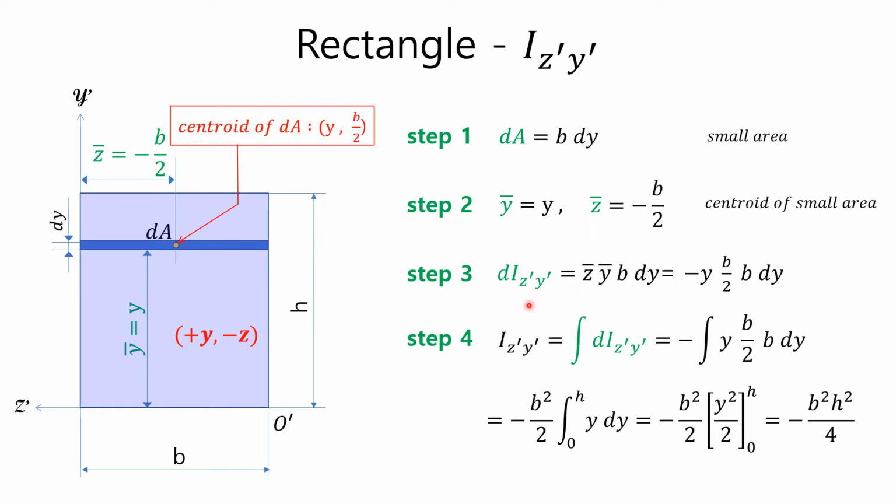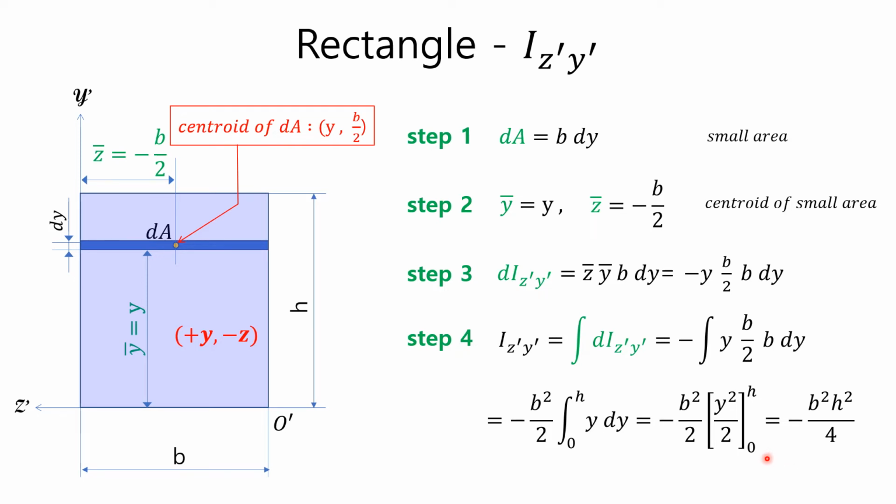In the third step, dIzy prime can be expressed as minus y times b/2 times b dy. In the fourth step, we integrate dIzy prime to have minus b squared h squared over 4. Therefore, the sign is different compared with the previous coordinate.